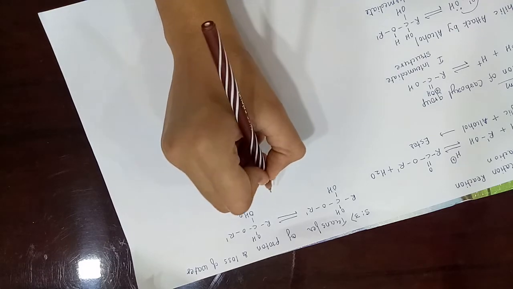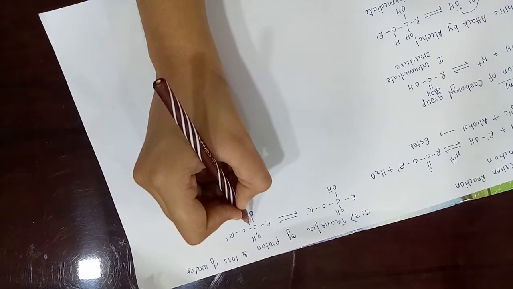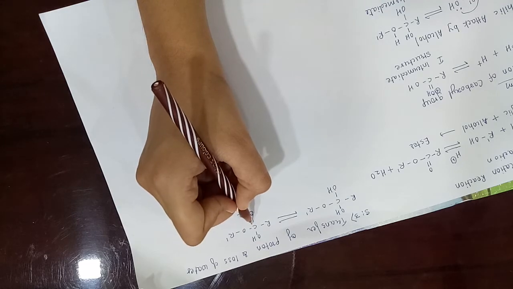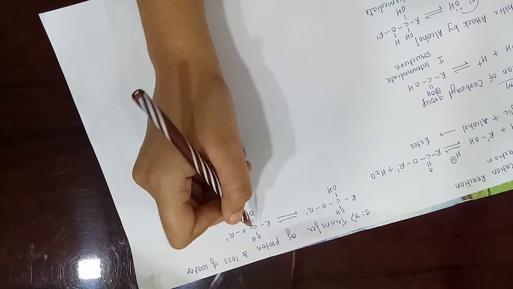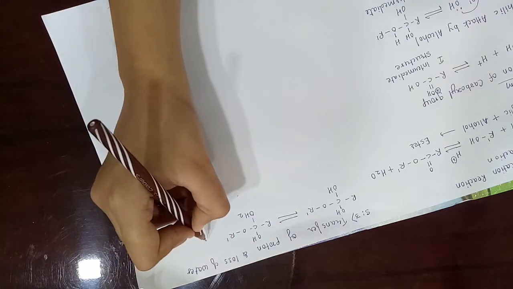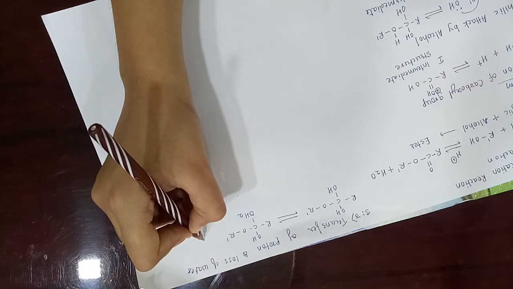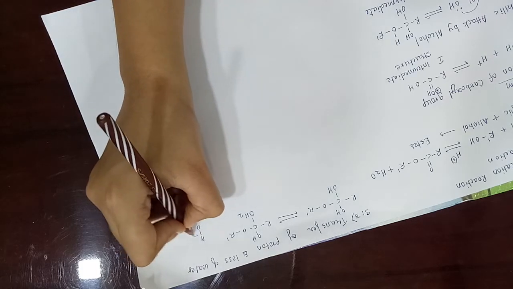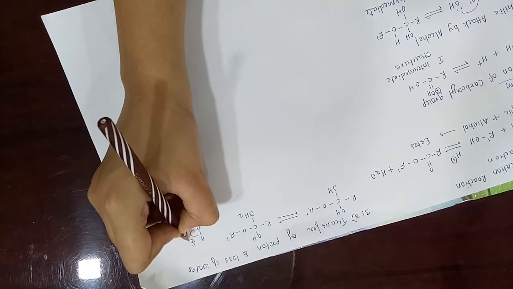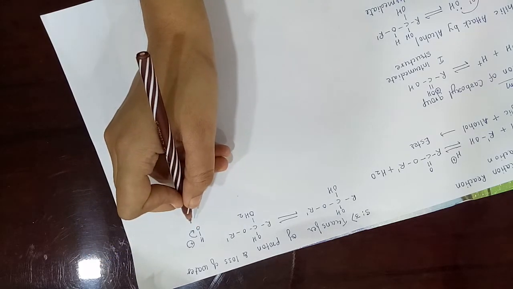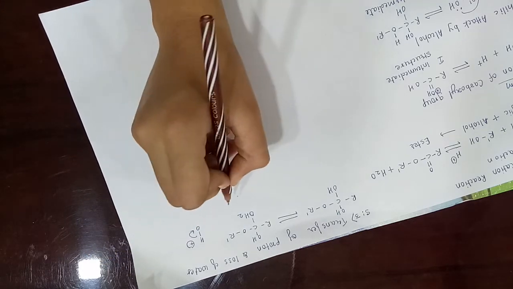Transfer of electrons will take place from this OH group like this. Oxygen will get back the electron.